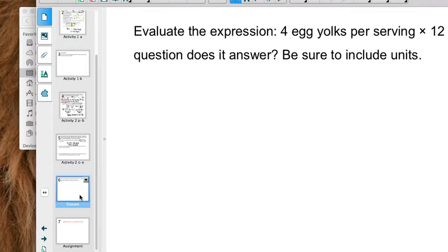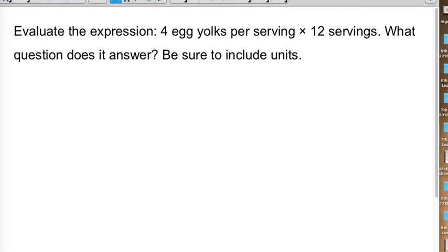Evaluate the expression. 4 egg yolks per serving times 12 servings. What question would I be answering, do you think? If I've got an expression, I should be able to figure out what they're asking me. What are they wanting to know? They didn't write the question part.